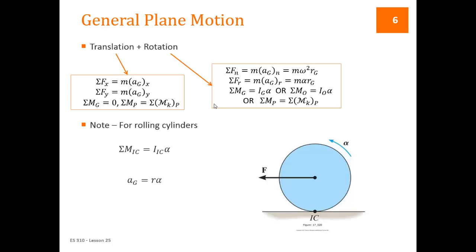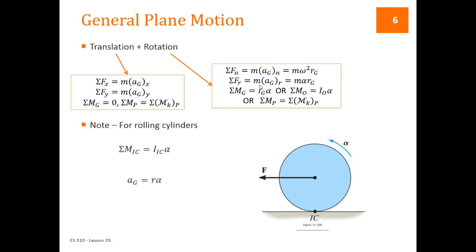So today what we're going to do is combine all of that information and look at general planar motion. So it has translation, so these 3 equations apply. The sum of our forces in the various directions are equal to mass times the acceleration, and the sum of our moments, if it's purely translation, would be equal to 0.